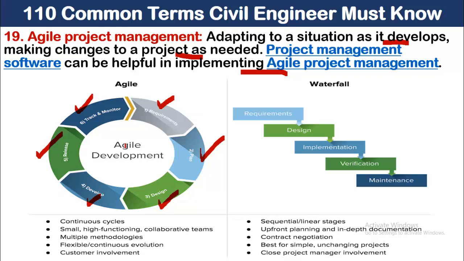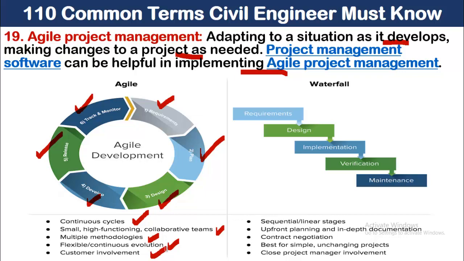If you look, this is a continuous cycle, and it is for small, high functioning collaborative teams. There could be multiple methodologies for agile project management, and it is flexible with continuous evaluation. Customer involvement is also included, as feedback is taken from time to time and it is tracked and monitored regularly.